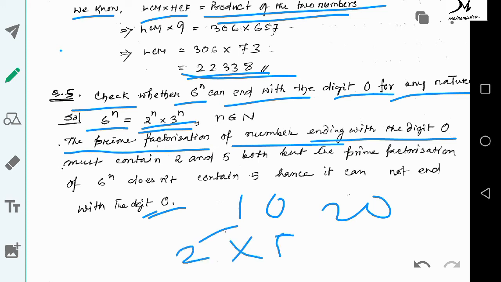For example, 20 can be written as 2 into 2 into 5. In their prime factorizations, 2 and 5 both must be there. But here 5 is not present, so 6 to the power n cannot end with 0 for any natural number n. Now let's move on to the next question.